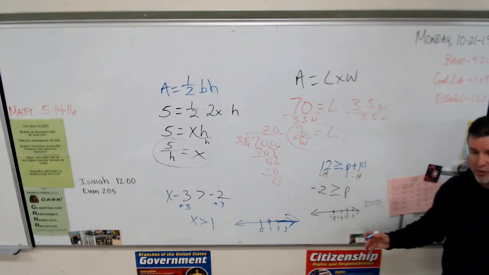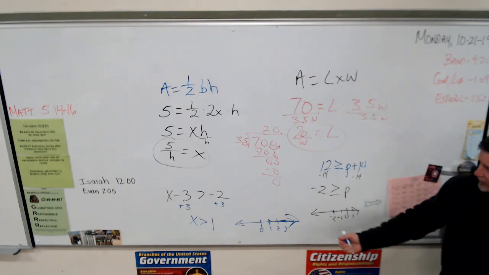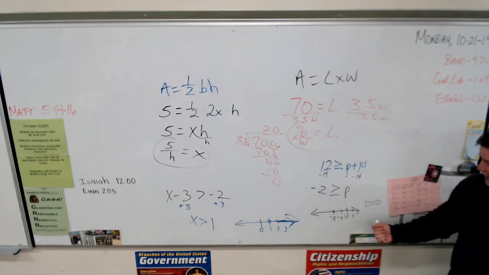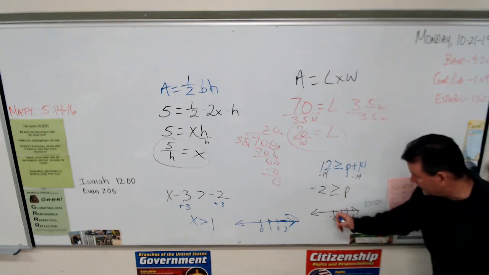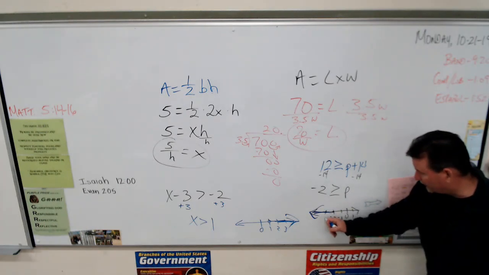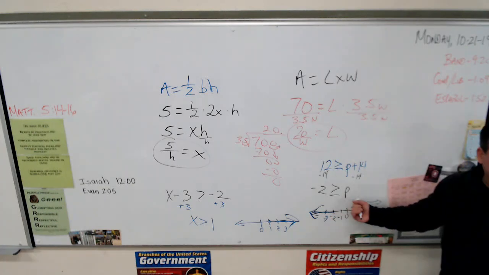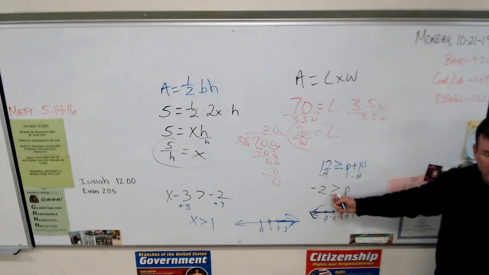I don't have an open circle, I have a closed-in circle. Why? Because it's equal. It's including negative 2 this time. Here it had to be greater than 1. Here it's everything including negative 2 and less, so the arrow goes to the left. Everything from negative 2 and beyond fits this solution.